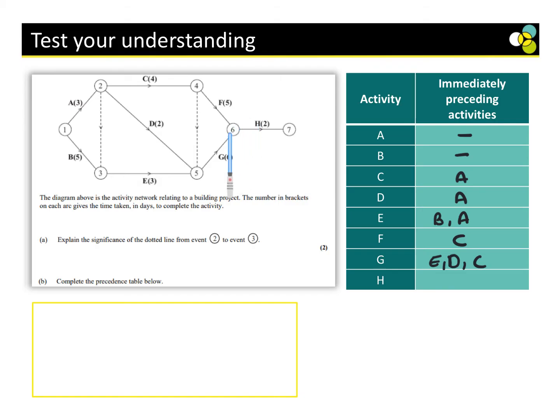So we find H and we look where it's come from. Yes, G and F. So now what we have done is we filled in the table. Then, explain the significance of the dotted line from event 2 to 3.